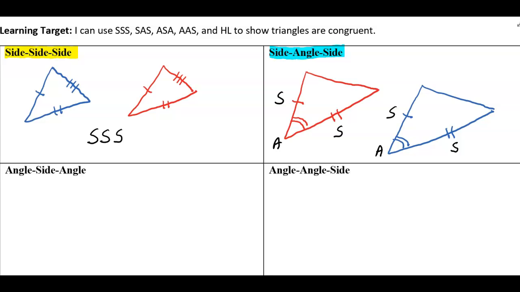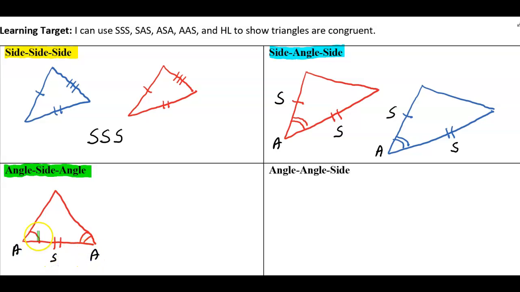The third way that we talked about in the introductory video was angle, side, angle. Here, the side is between the two angles. So I'm going to draw this picture here. So we have angle, side, angle. So that side is between the two angles.